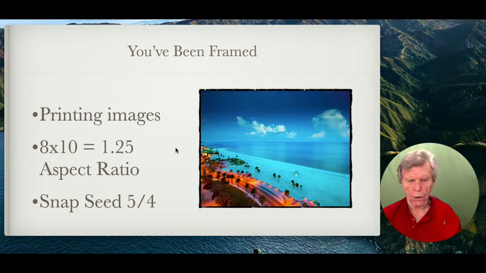So now you can go to another free app called Snapseed and make that picture into that aspect ratio so that you are controlling how it looks. So you don't want this to be done by somebody at the photo lab in the drugstore or in the Target or the Walmart or the Costco.